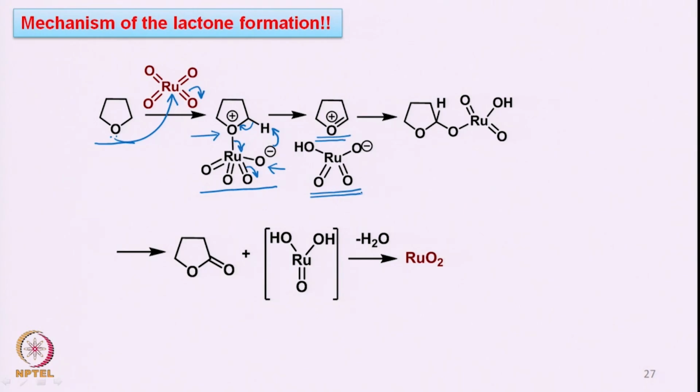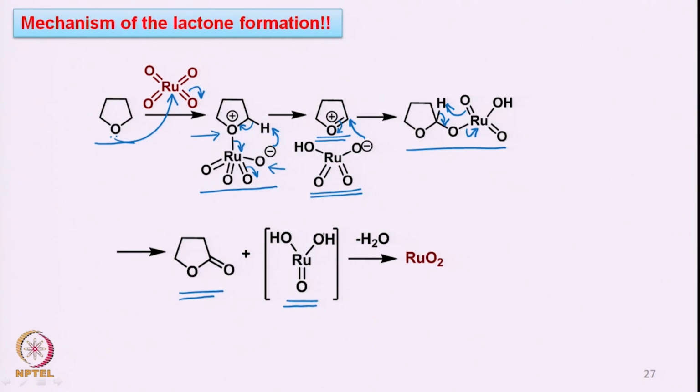Now this ruthenium species can go and react with the oxonium ion at the carbon which is electrophilic to form this species, and this species then undergoes oxidation to form this type of lactone and a ruthenium species.